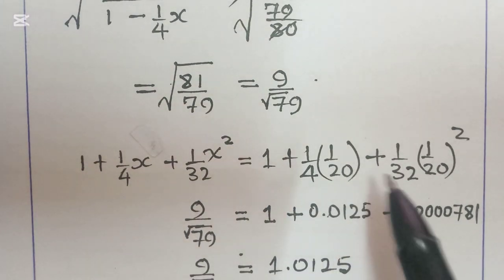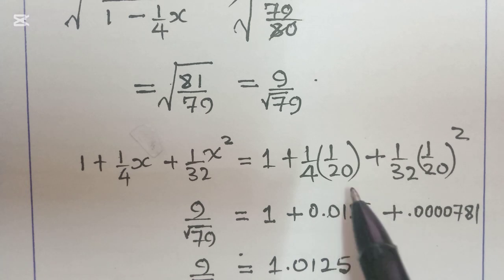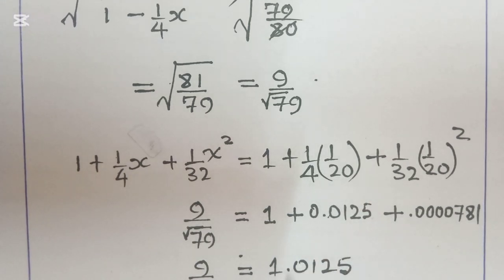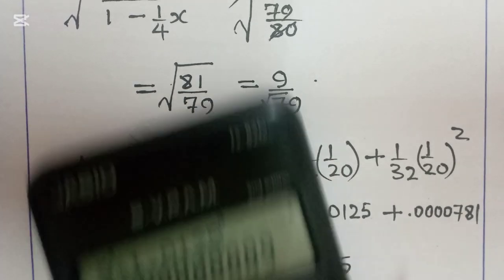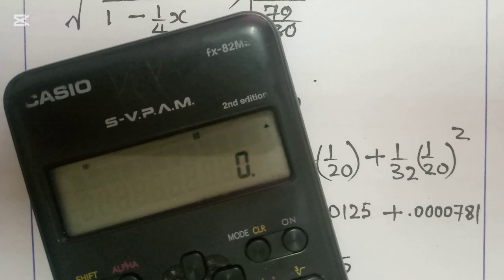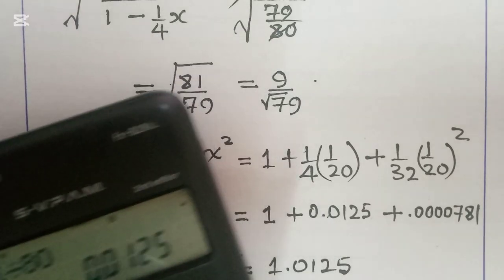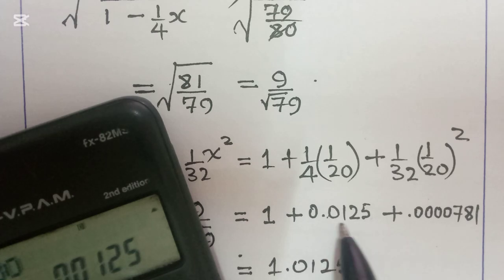After replacing all these, our 1 over 20 for this is 1 all over 80, which is 1 divided by 80. That gives us this figure.